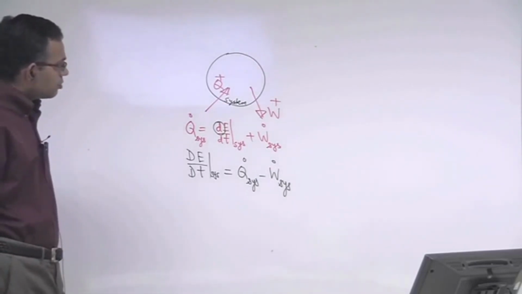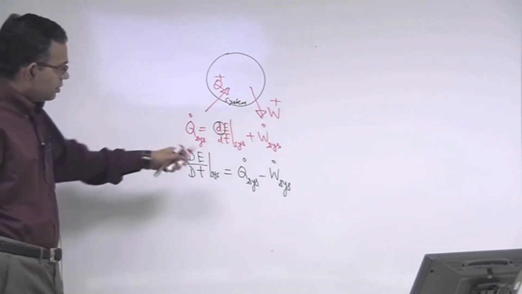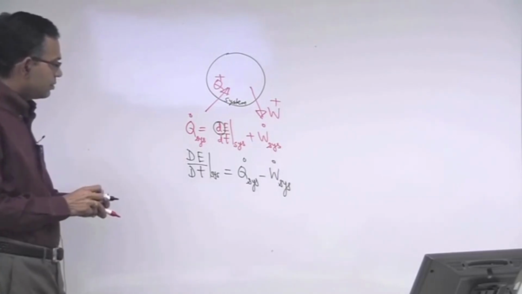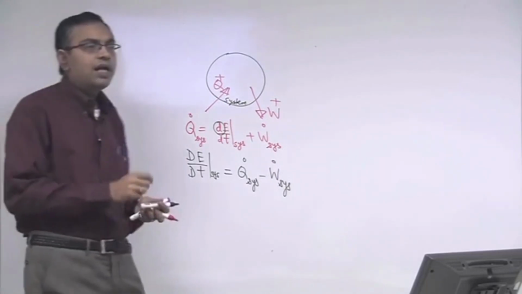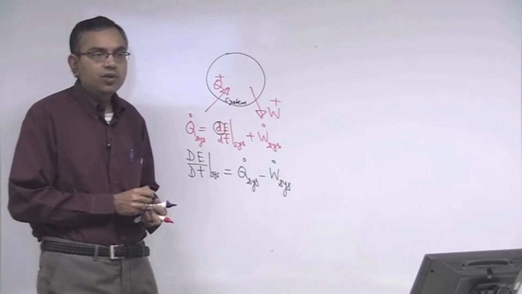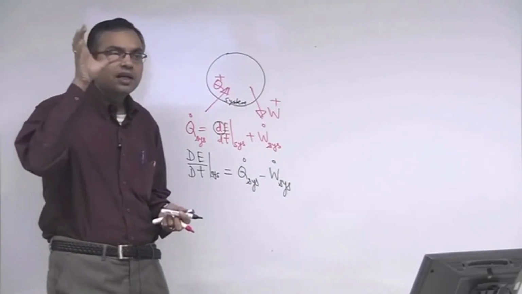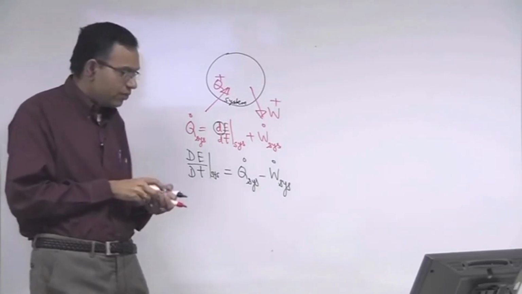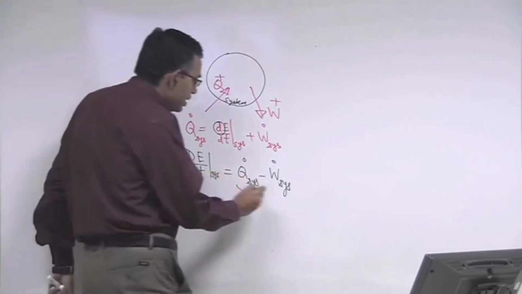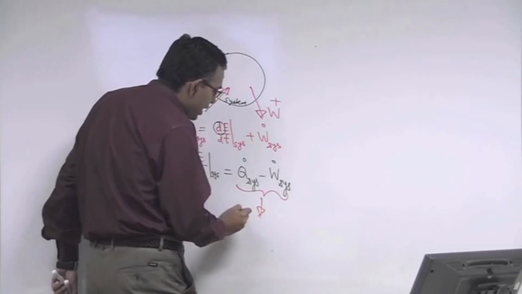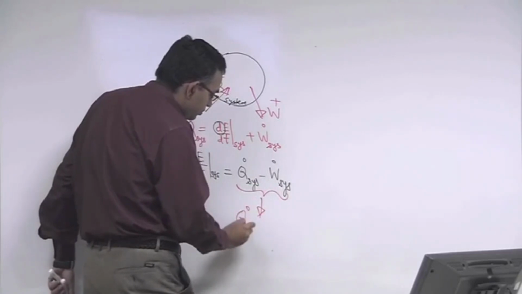So, the next step is to remember that while deriving the Reynolds transport theorem, we took the limit as delta t tends to 0, so that the system tends to the control volume. Therefore, this for the system is as good as this for the control volume.